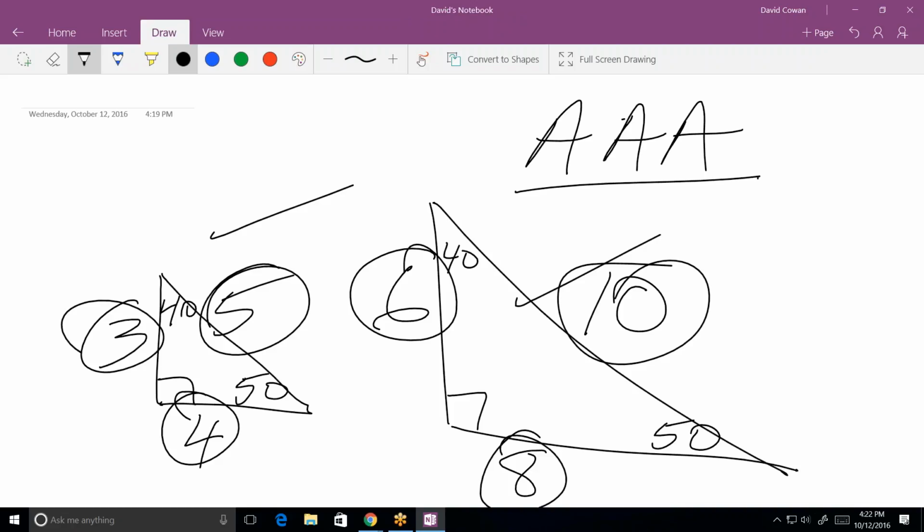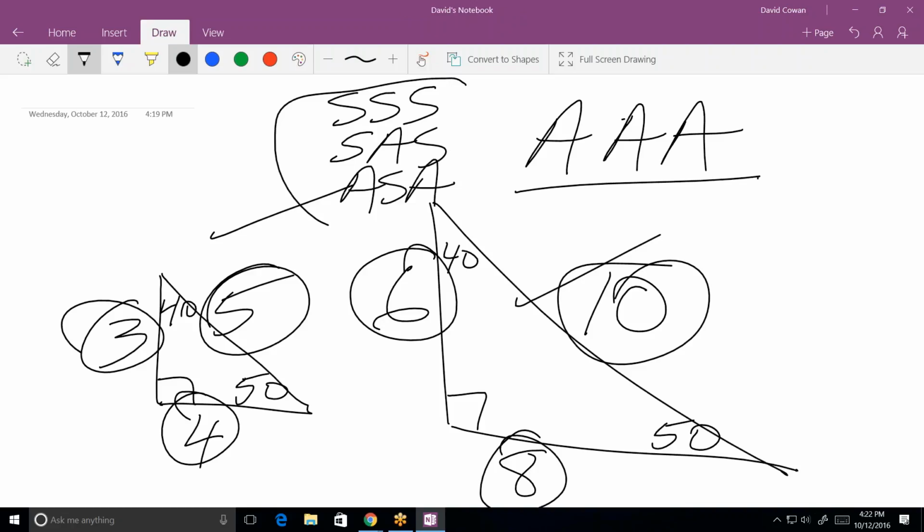That's similar triangles. Okay. And you can also say that similar triangles can be proved with side, side, side, side, angle, side, and angle, side, angle. But that proves congruency as well as similarity. In other words, any two triangles that are congruent are also similar.